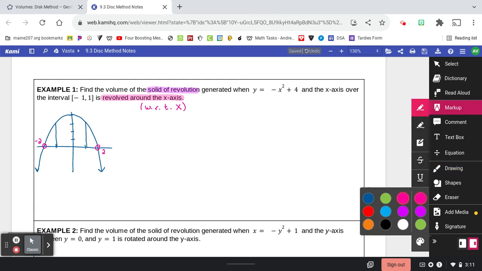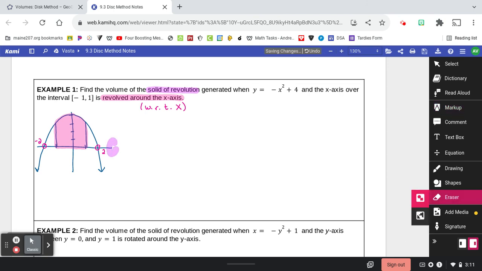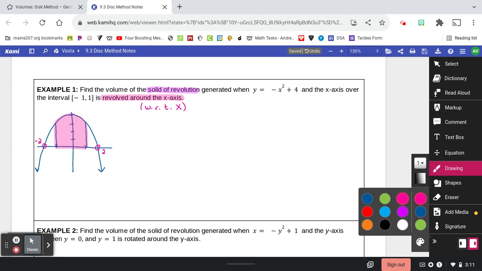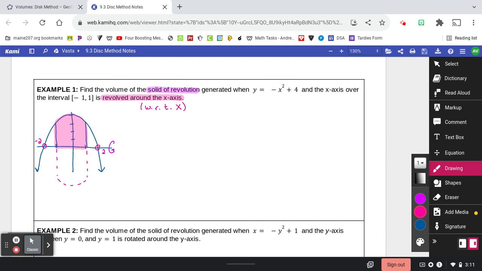So I'm revolving this area around the x-axis. That means that the bottom part of my volume is going to look like this. And each of my slices is going to be a circle.